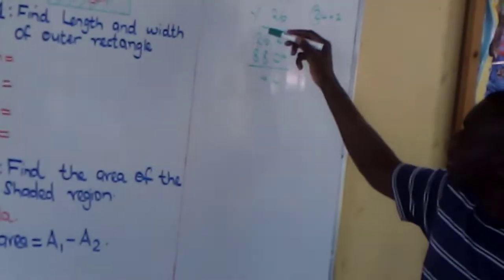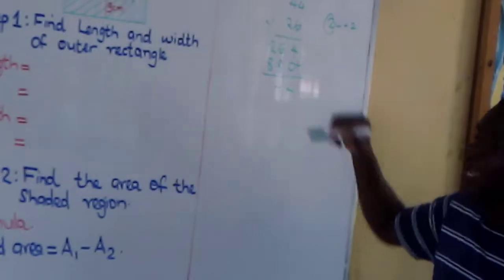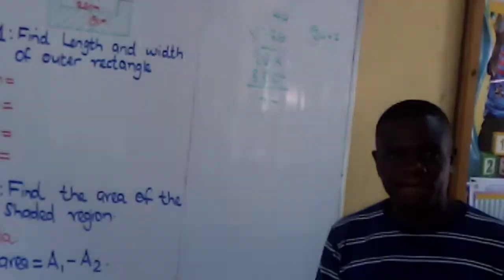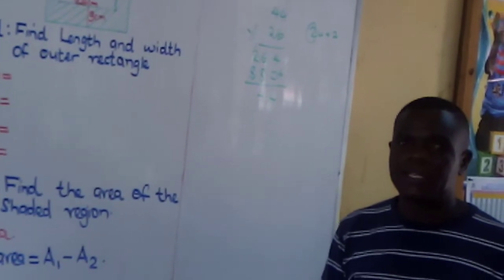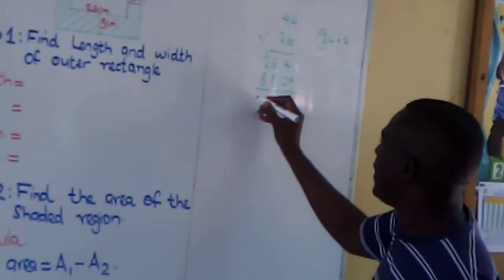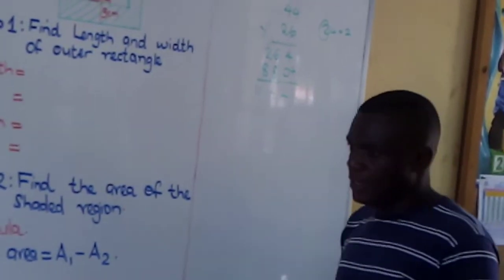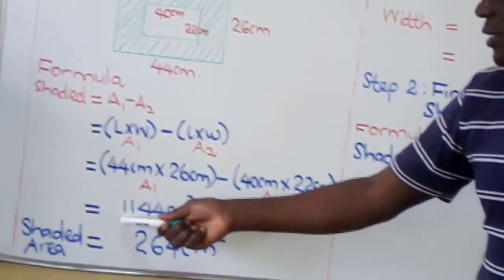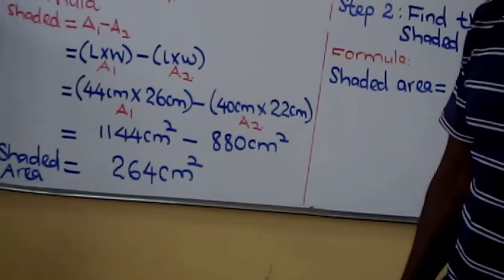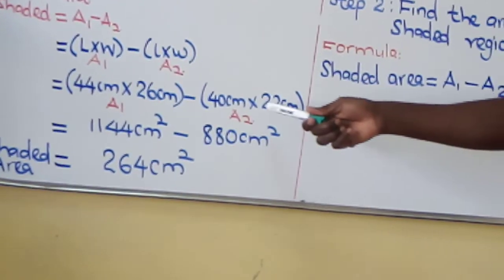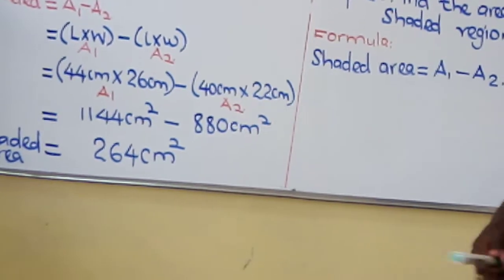What is 1 plus 2 plus 8? 1 plus 2 plus 8 is 11. So we write there 11. That is how we got the answer here. 1,144 square centimeters.